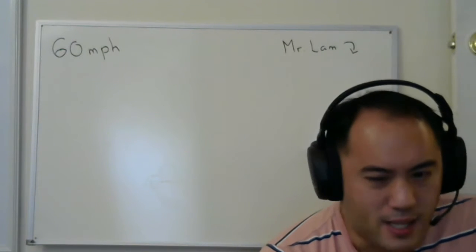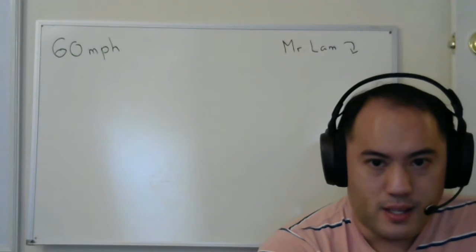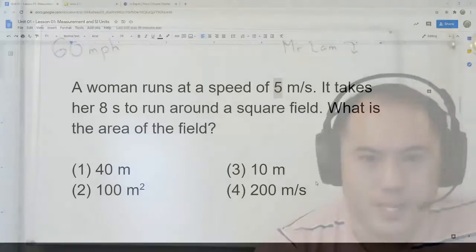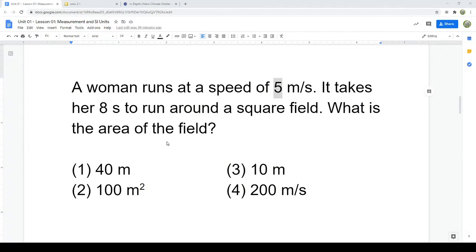So we don't really care about the length or width of a field. If we talk about fields, we're probably going to talk about area. Only one of these answers is actually an area, because it's a length times a width, or a length squared: 100 meters squared, or meters times meters. We're going to stick with as few units as possible and as simple units as possible for many reasons.